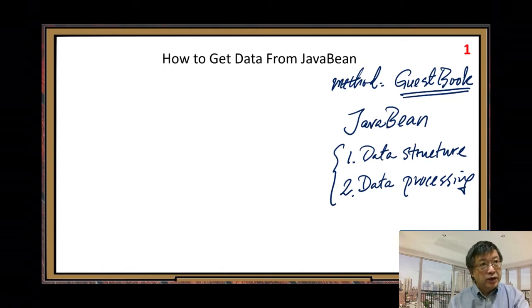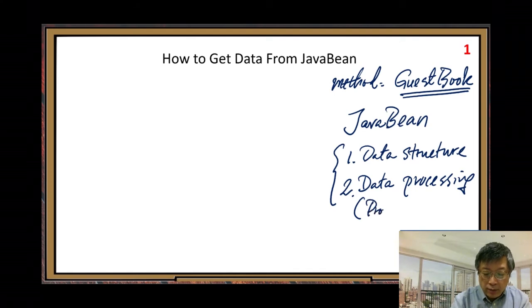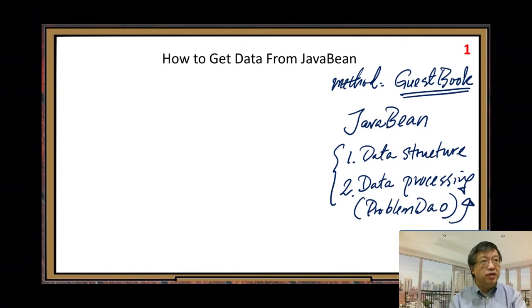The one we will use for this particular purpose is the problem DAO class. We can treat it as a JavaBean, but this JavaBean is special, it's a data processing JavaBean. It is not a data storage JavaBean. The second type, type 2 JavaBean.